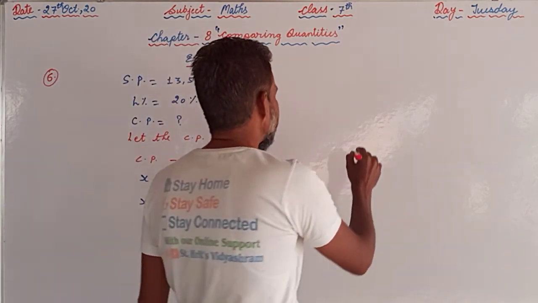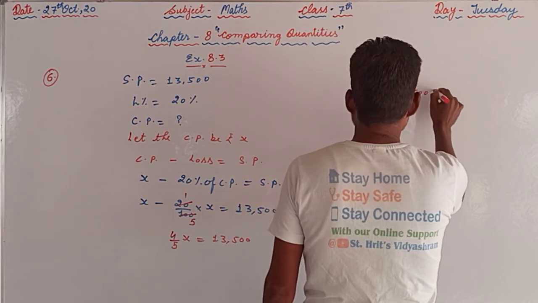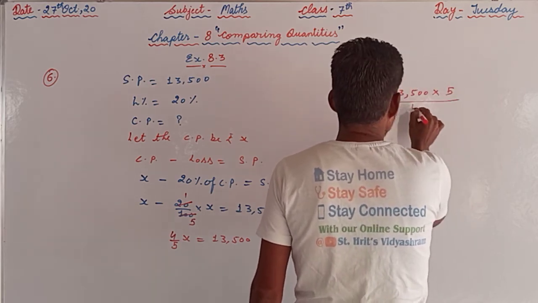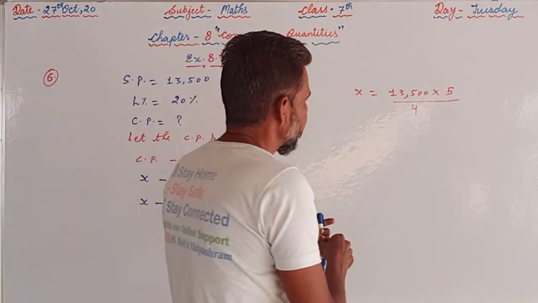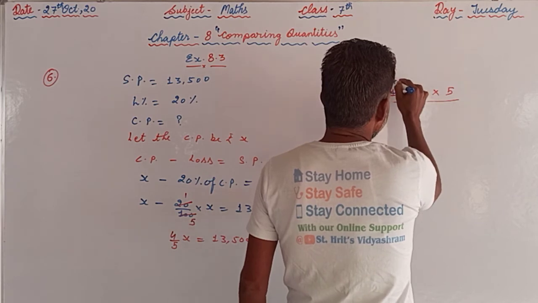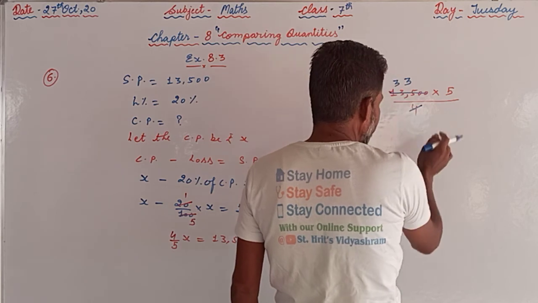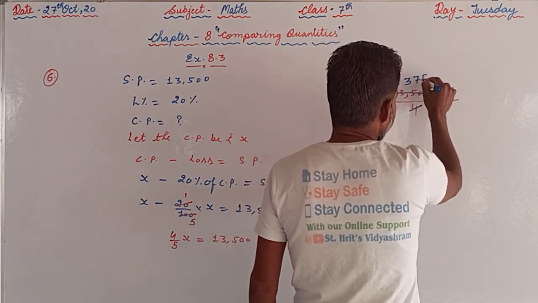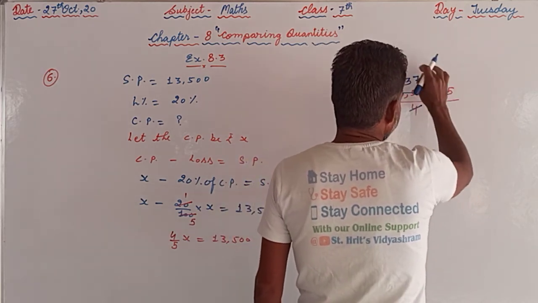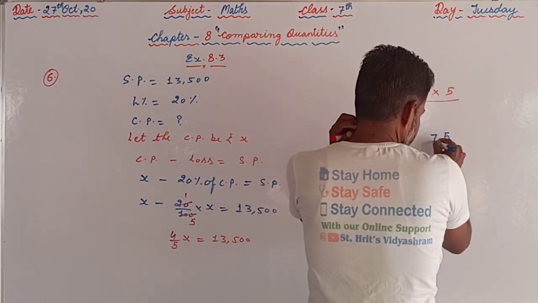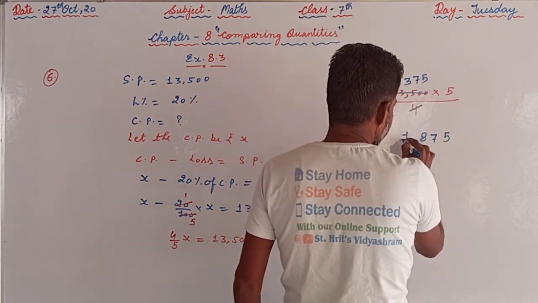From here we can find that X will be equal to 13,500 into 5 upon 4, because 5 will go upside and 4 will go downside, and from here we can cancel out. 4 3s are 12, 1 is remaining, 1 5 is 15, 4 3s are 12, then 3 is remaining, 4 7s are 28 and 4 5s are 20. So X will be 3,375 into 5, which is 16,875.